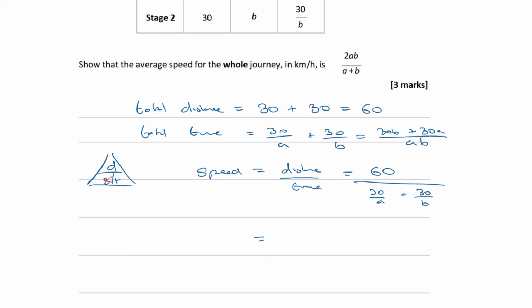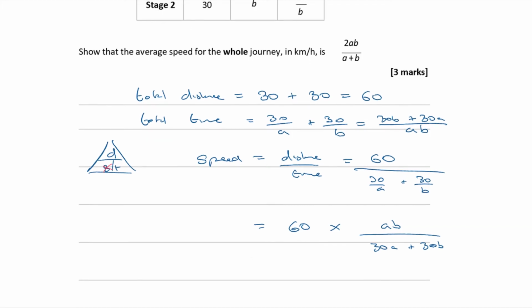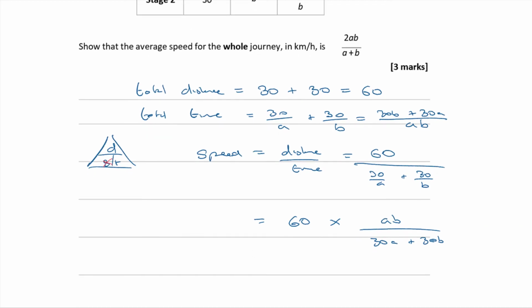So I could say that's the same thing as 60 multiplied by that fraction flipped over. So AB over 30A plus 30B. Just trying to tidy it up so I can plug these two things together a little bit easier. So that's given me 60AB over 30A plus 30B.